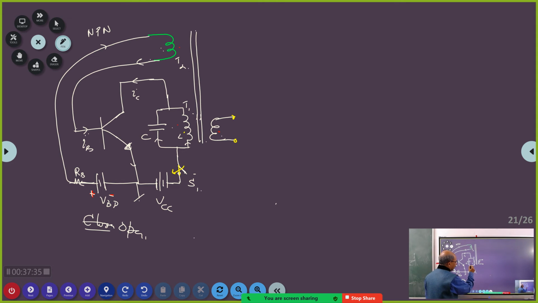So the current initially will travel through the capacitor like this. Okay? There is nothing stopping it. So what happens? If current flows through the capacitor, what happens?